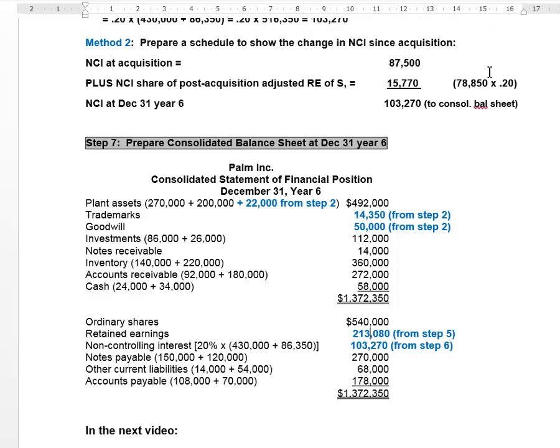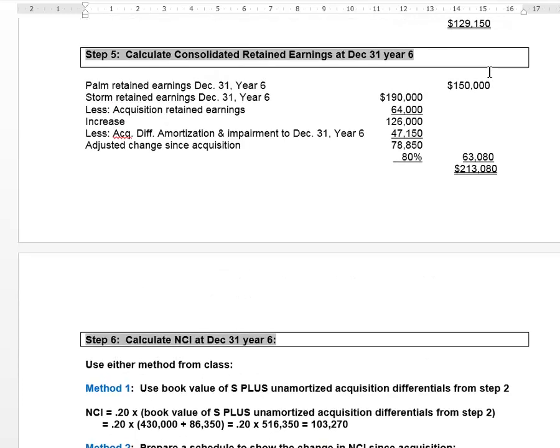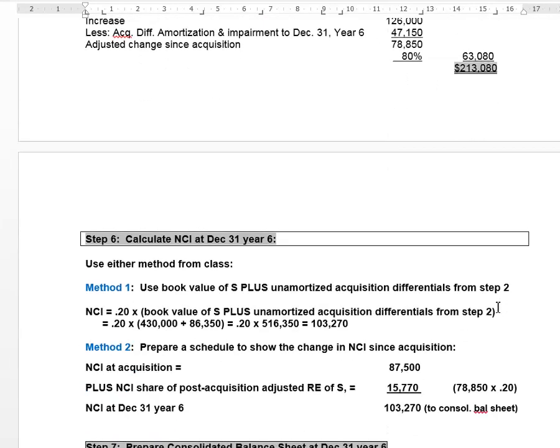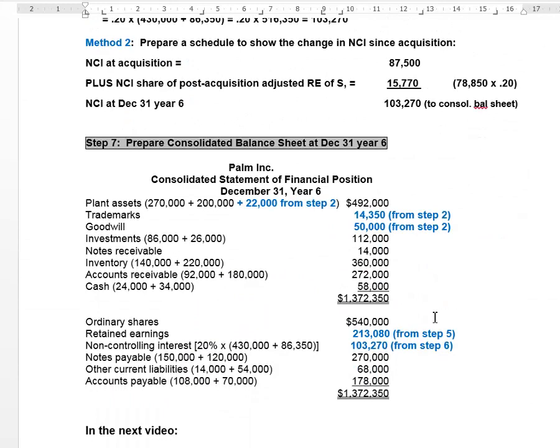And notice that does not include any of the retained earnings at acquisition, right? So we're only picking up the parent's retained earnings, plus our share of the post-acquisition adjusted retained earnings, which does not include any of the retained earnings that we eliminated earlier on. So again, we're picking up $213,080 on the consolidated balance sheet.